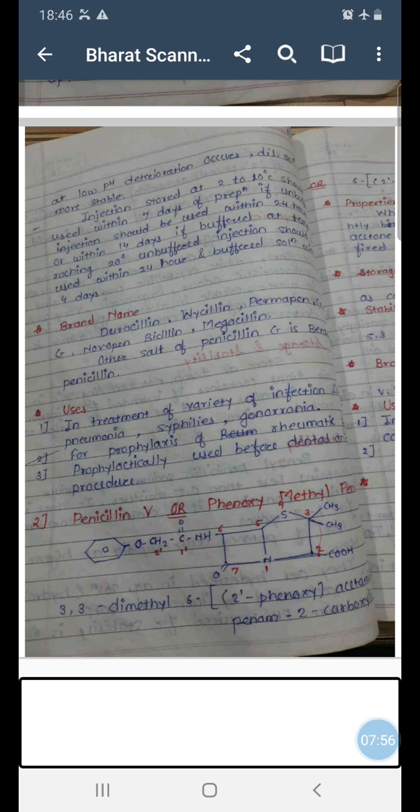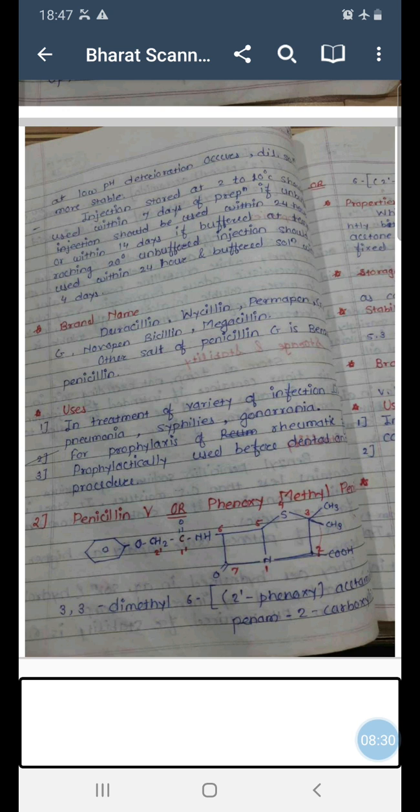You all know by now that the base which we select in the very first step of any chemical name assignment is always written at the last. So the name of the molecule will end with the words penicillinic acid, and at position 6 you have 6 hyphen square bracket, then curve bracket, 2 dash hyphen phenoxy, curve bracket close, acetamido, then square bracket close, and lastly the name of the base, that is penicillinic acid.